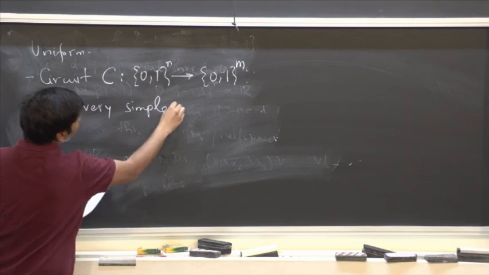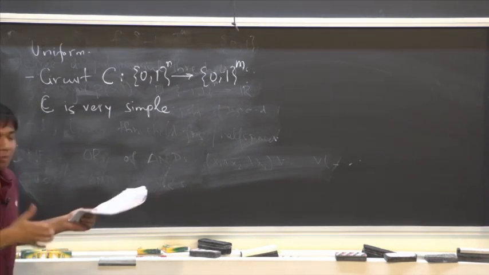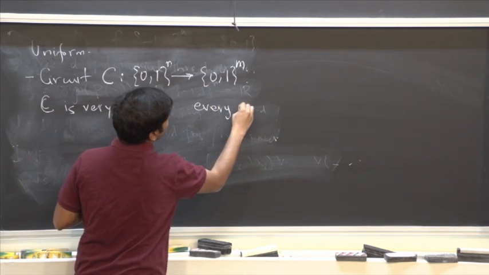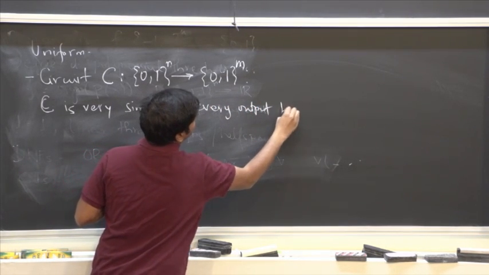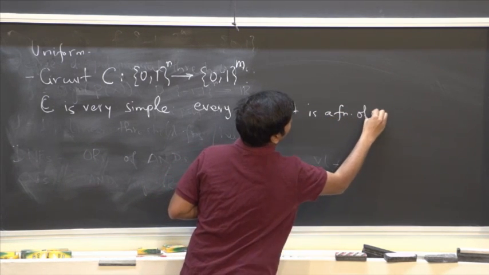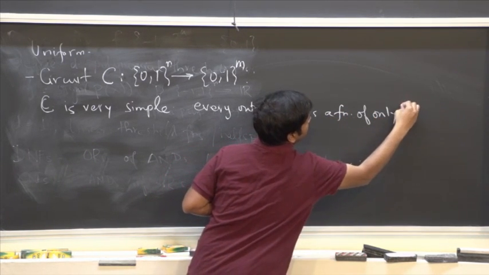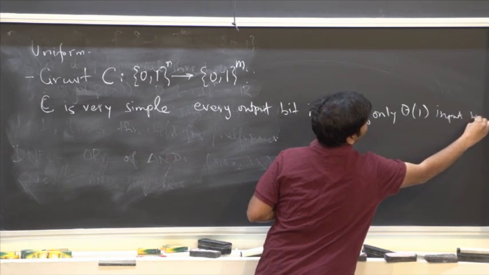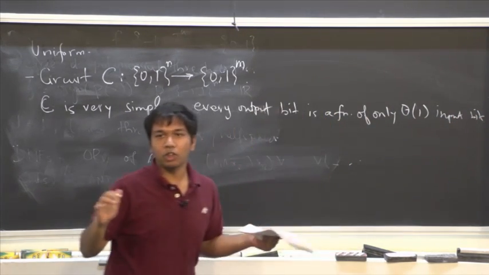One of the simplest ways I can think that C is very simple is that every output bit is a function of only order 1 input bits. Just think of order 1 as 3, let's say.